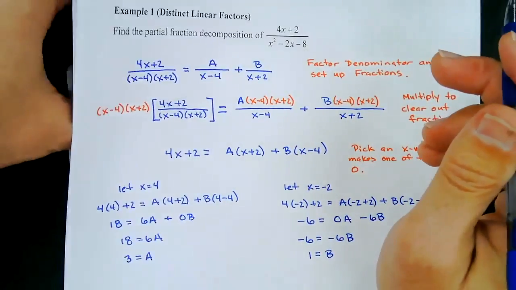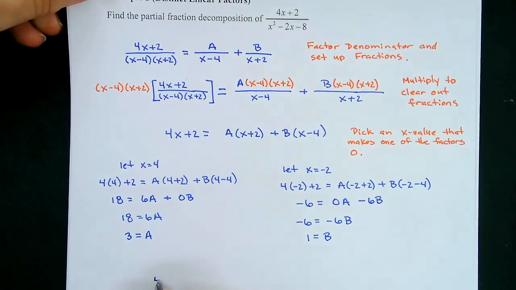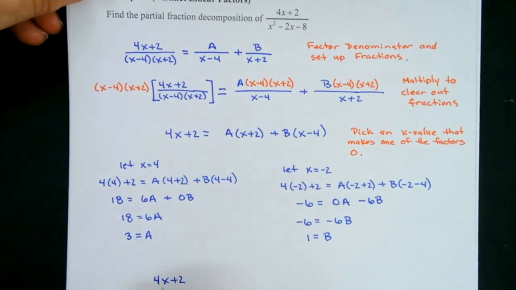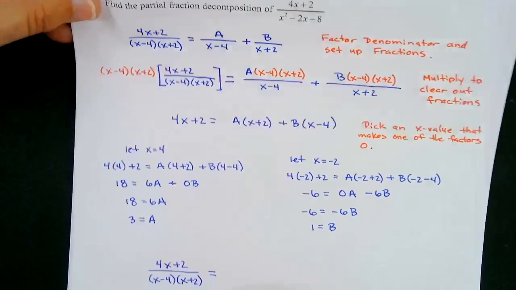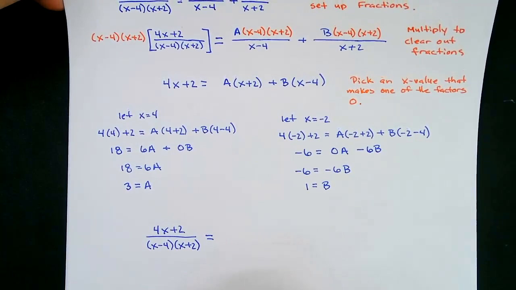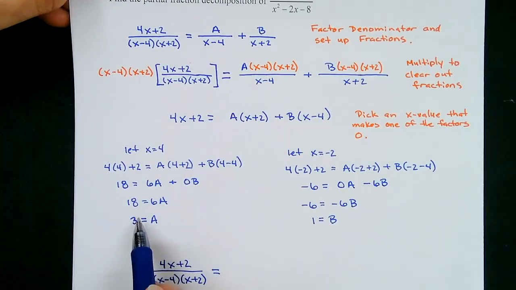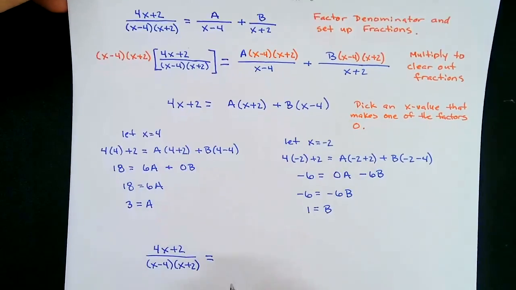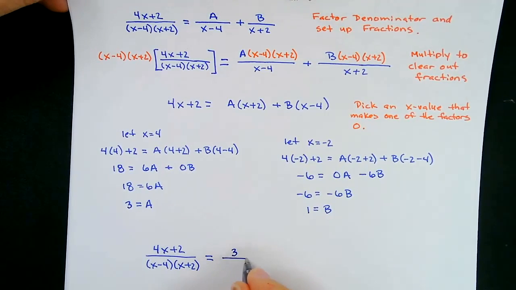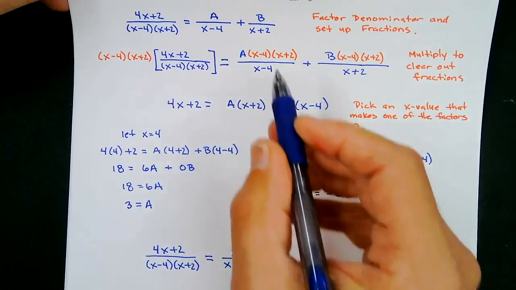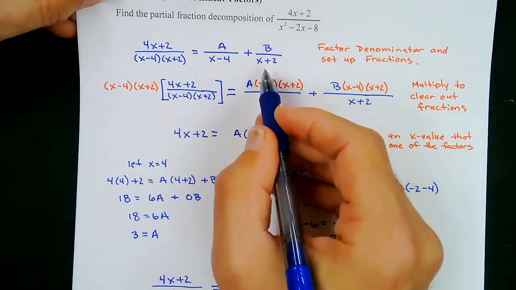What we now know is that 4x plus 2 over x minus 4 times x plus 2 is exactly the same as, let me slide it up for you, up here, my a value, which I figured out was 3 over x minus 4, and then plus my b value, which in this case is 1, so it's going to be 1 over x plus 2.